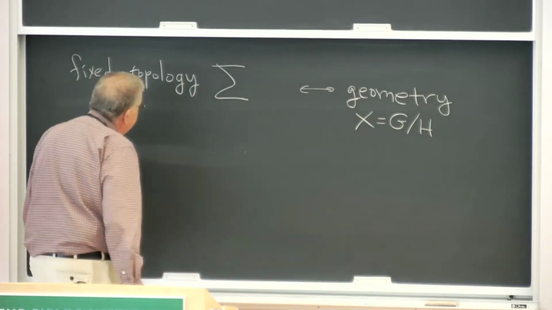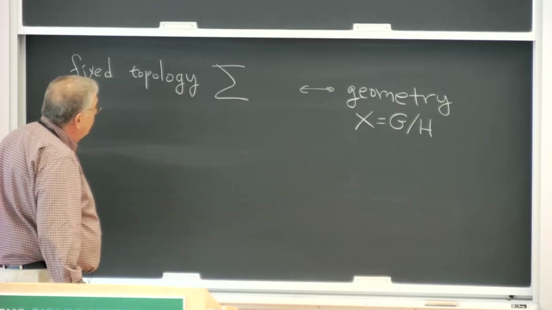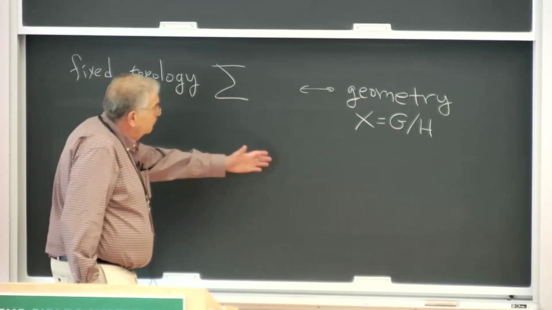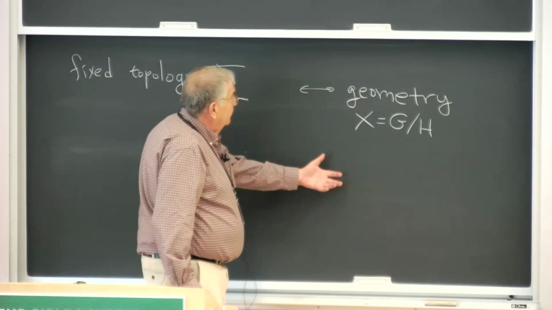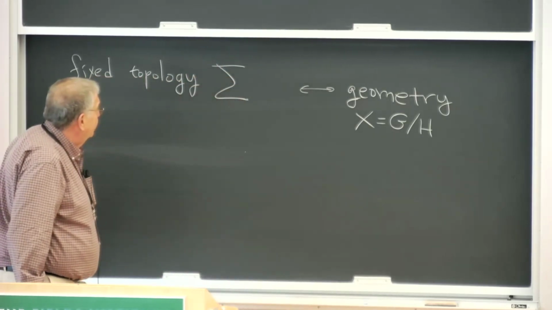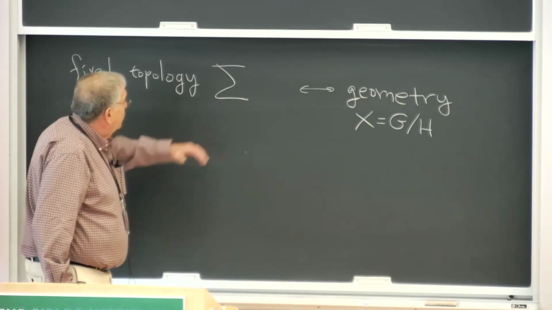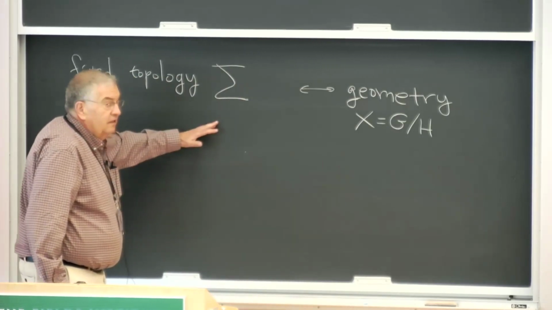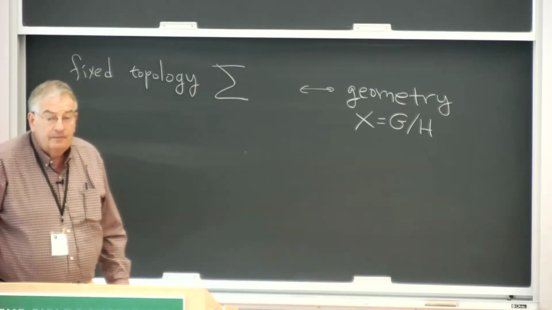And then around the 1930s, Ehresmann proposed generally, how do you put the geometry of X, the G-invariant geometry of X, locally on the geometry, in the topology of sigma.